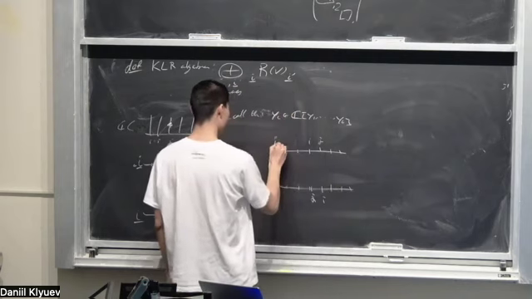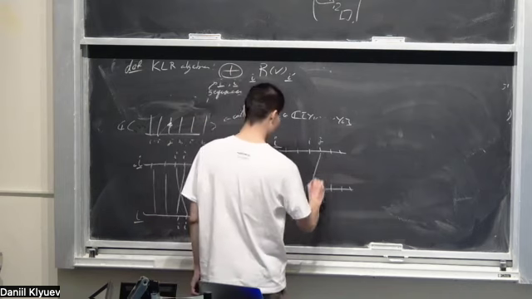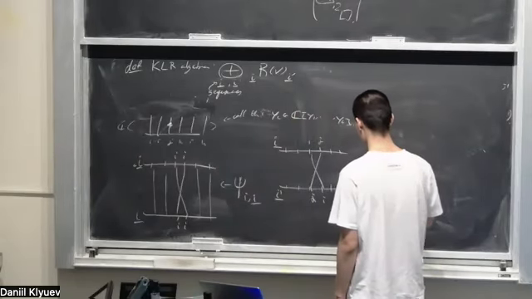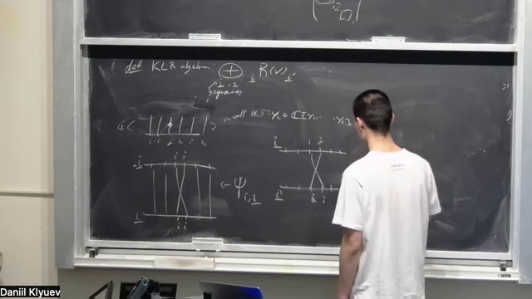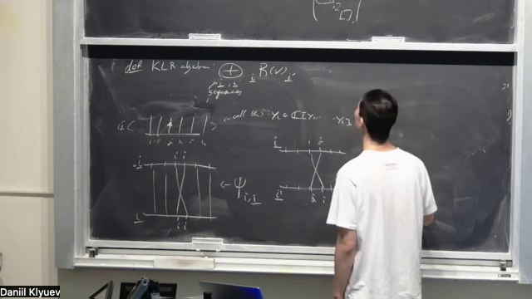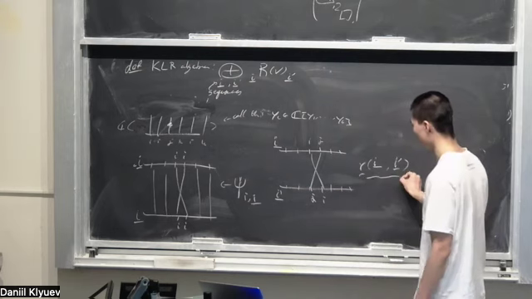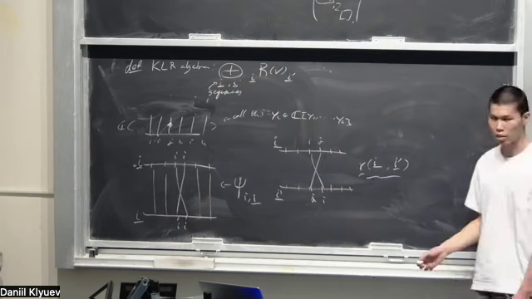Let's call this I, and if I cross different strands, this is the R sub I. This plays the role of this element in the generalized Springer.